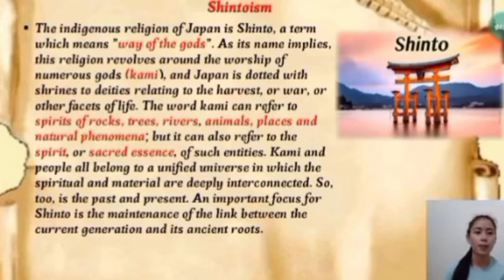The word kami can refer to spirits of rock, trees, rivers, animals, places, and natural phenomena, but it can also refer to the spirit or sacred essence of such entities. Kami and people all belong to a unified universe in which the spiritual and material are deeply interconnected. So too are the past and present. An important focus for Shinto is the maintenance of the link between the current generation and its ancient roots.